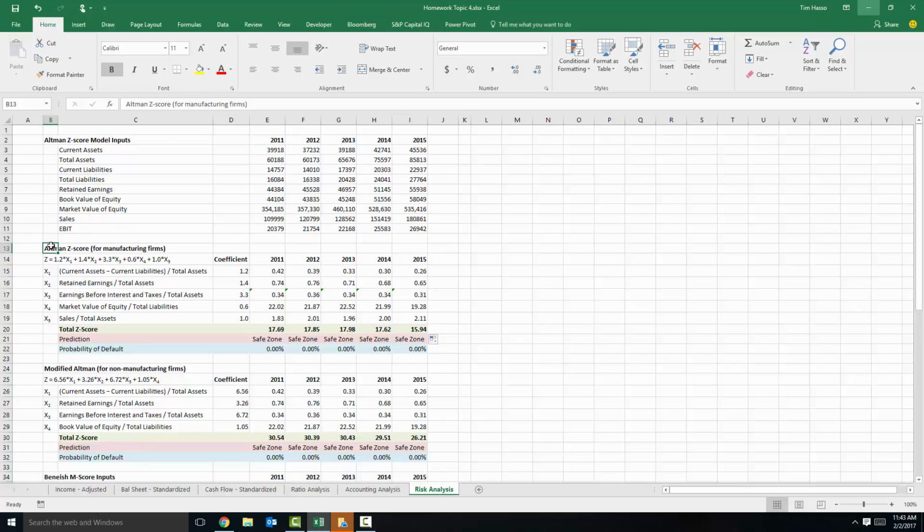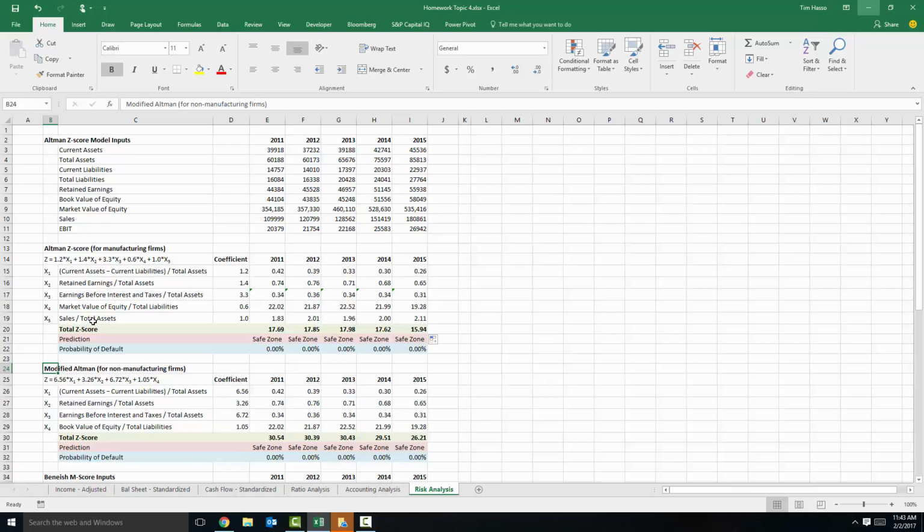Now, if you don't have a manufacturing firm, you want to use the modified Altman model, which starts down here. Effectively it's exactly the same ratios, except it drops the fifth one, because the fifth one is sales divided by total assets, and that ratio varies very much depending on the industry, so you can't necessarily use the same ratio as for manufacturing firms.